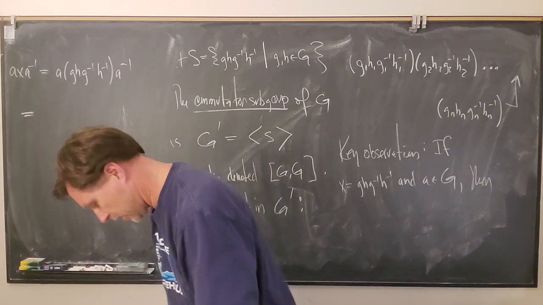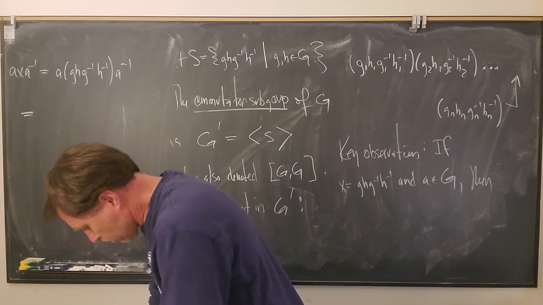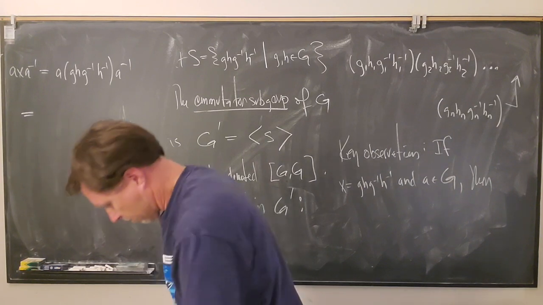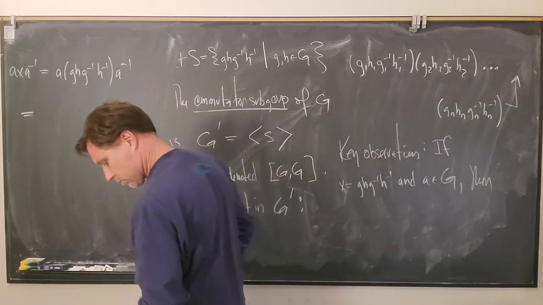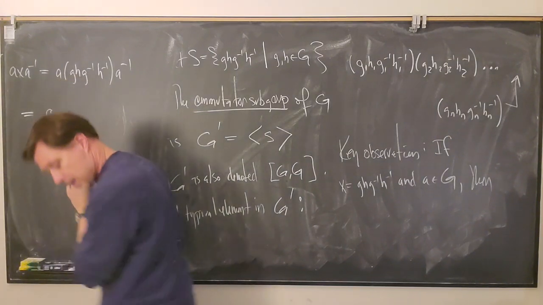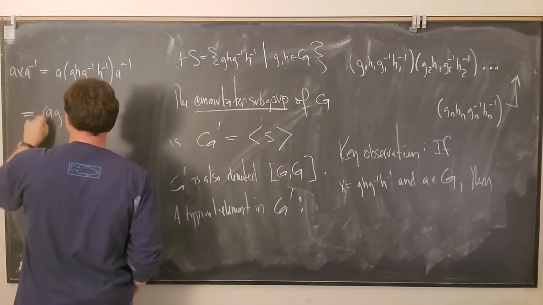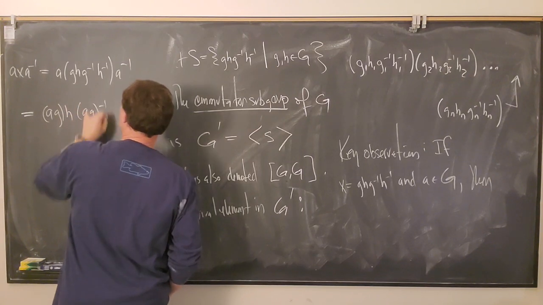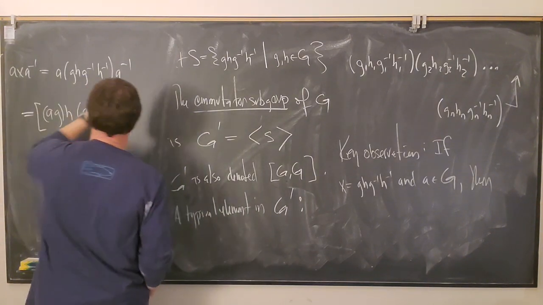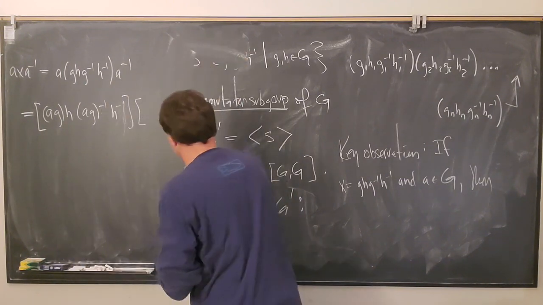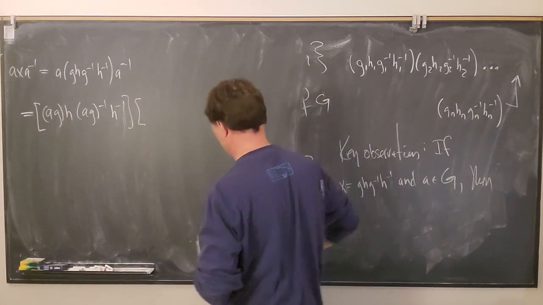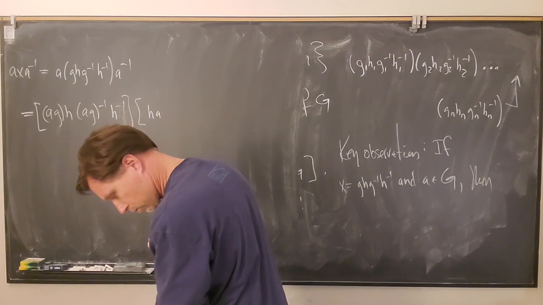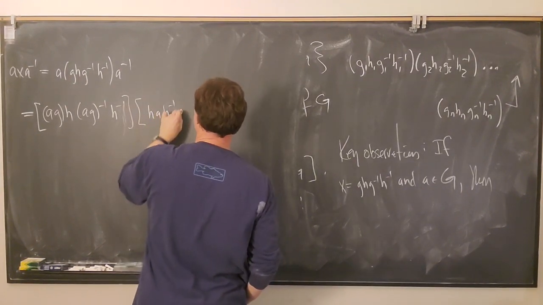That's equal to, and I've got to be careful here, A G A inverse times A H A inverse times A G inverse A inverse times A H inverse A inverse.